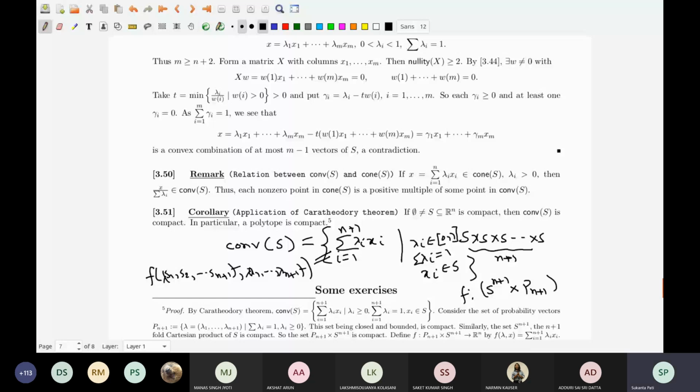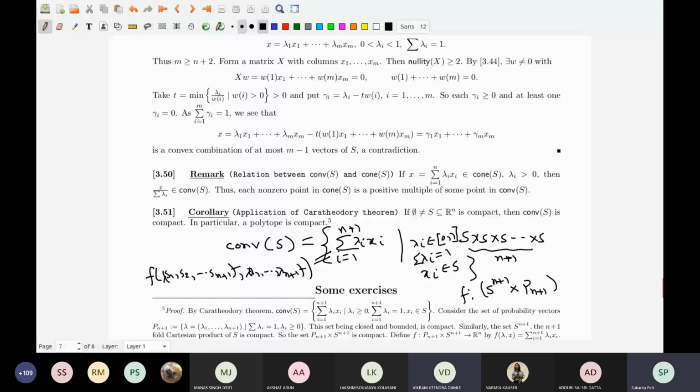Okay, let me ask. These are small questions I normally ask you people. Suppose that I have 5 points in R20, and I take the convex hull of all of them. How many vertices can it have? At most 5.